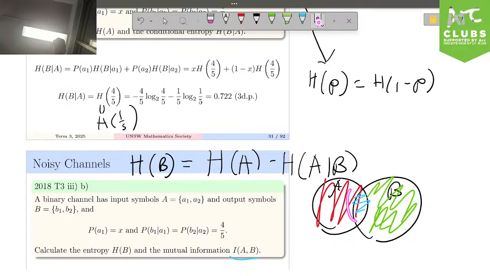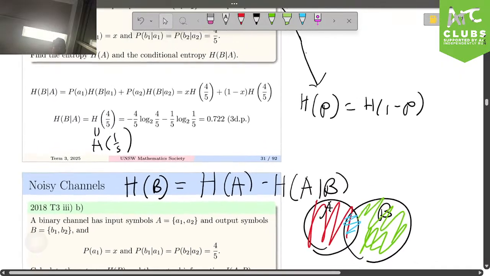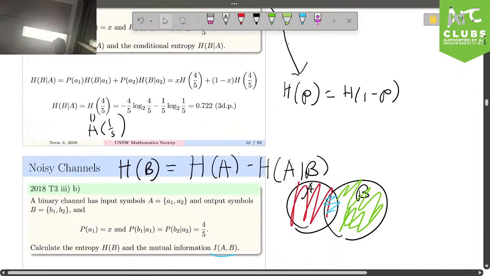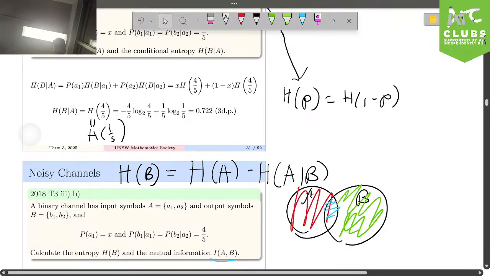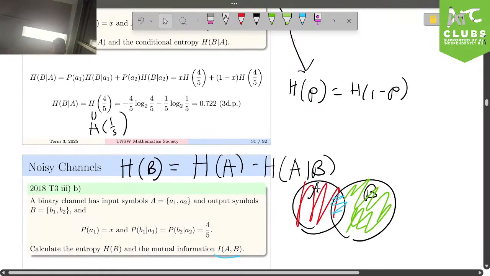Will this just be the mutual information? Unless I'm mistaken. In terms of computing A given B, it wouldn't be too hard. Yeah, so it's the mutual information instead of H of B. That's right. I was going to add another term, but this should be the mutual information.